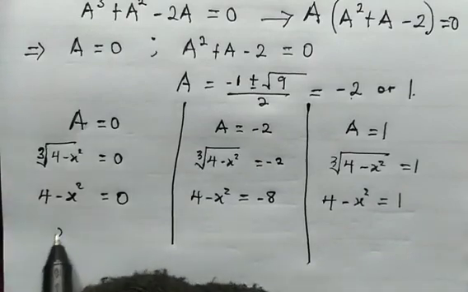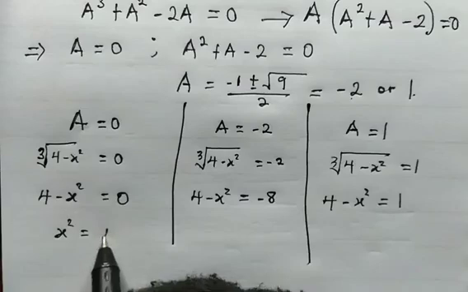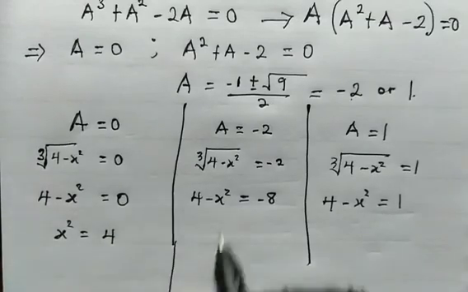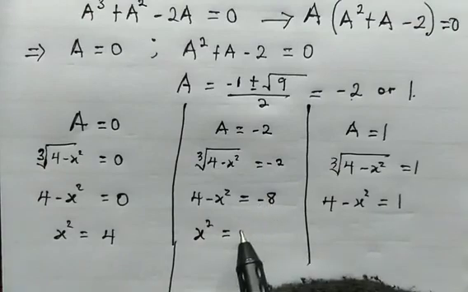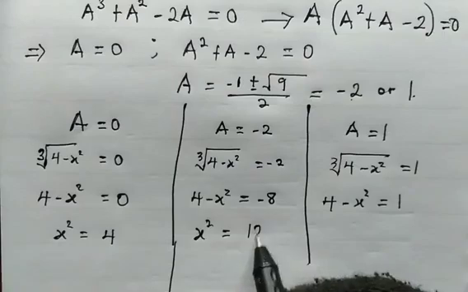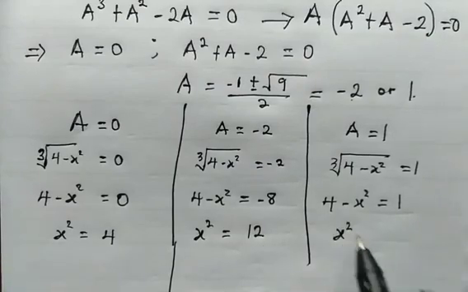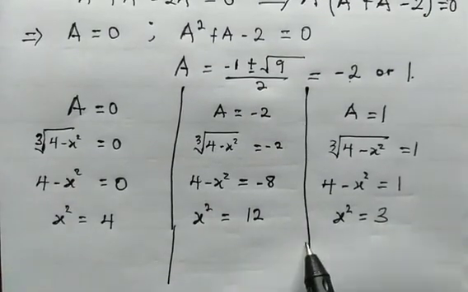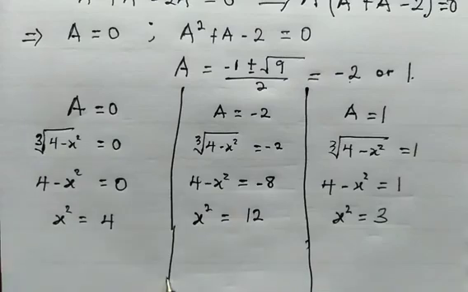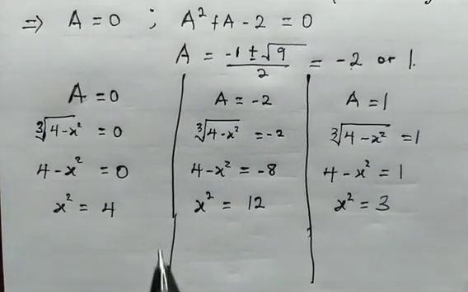From here, x squared equals 4 minus 0, which is 4. Here, x squared equals 4 minus negative 8, that will give us 4 plus 8, which is 12. And here, x squared equals 4 minus 1, which is 3. Then from here, we have the solutions.